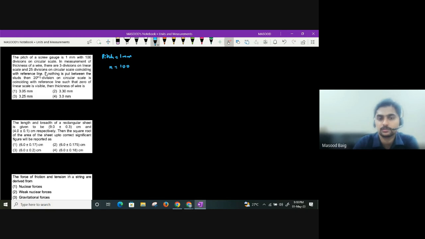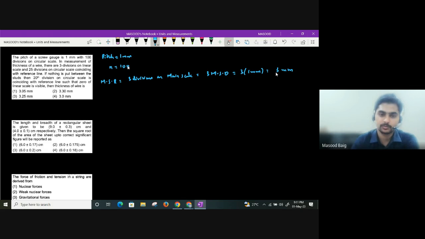Linear scale is nothing but main scale, it's just like a ruler, guys. So the main scale reading will be equal to 3 divisions on main scale. Each division on main scale, each division on the ruler, will be 1 mm, guys. The main scale reading here will be 3 mm.